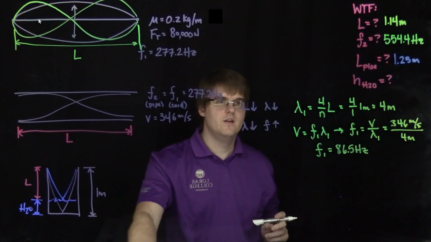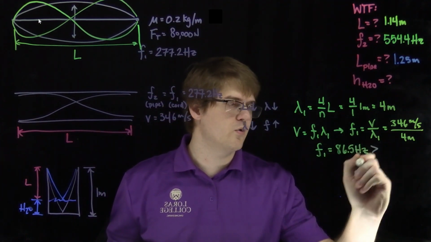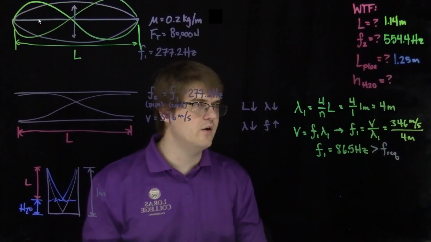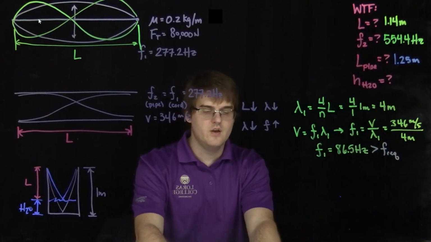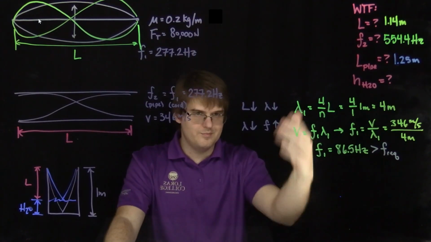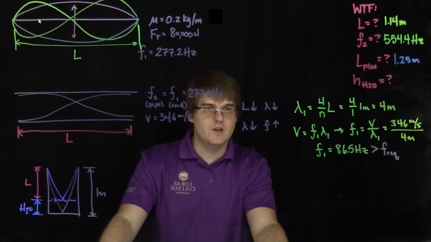So I need a value, a frequency that is greater. Frequency we require has got to be greater than 86.5 in order for this to work, because we can't remove water. We already have no water in the graduated cylinder. We can only add water.